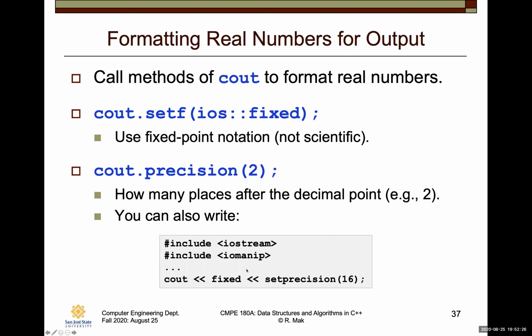The code to allow you to say fixed and setprecision here is included in a library called iomanip, for input-output manipulation. And so you have to include that. Otherwise, your program will not know how to do cout or any of this other stuff until you include it.